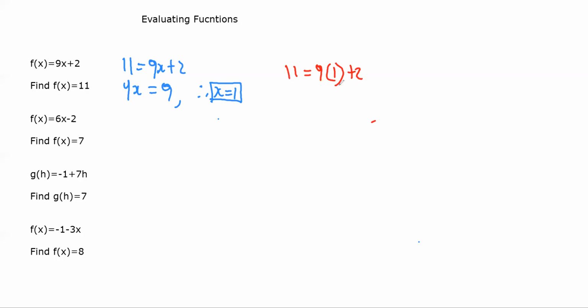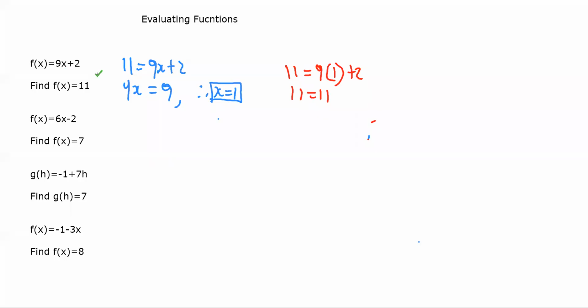That is since we found out x equals 1, and we are checking if that's right. So we put the x value into the x right here. Now, if we simplify that more, we'll get 11 equals 11. Now, we can see that we got this problem correct.